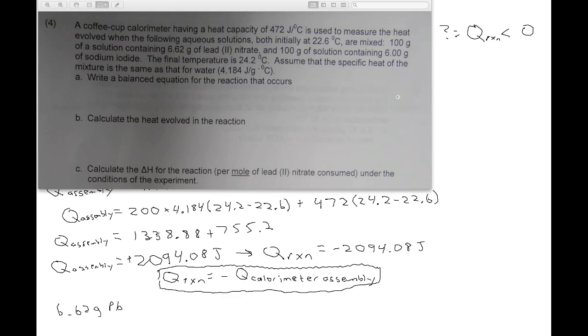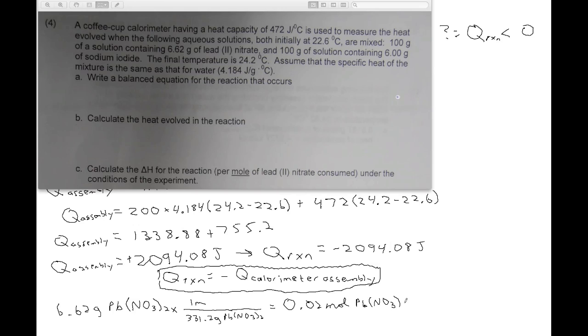So let's see, that would be 16 times 6, and then 14 times 2 is 28, plus 207. And that's 331, so we can divide it by 331 grams per 1 mole. Grams cancel out. So 6.62 divided by 331. And that's 0.02 moles.